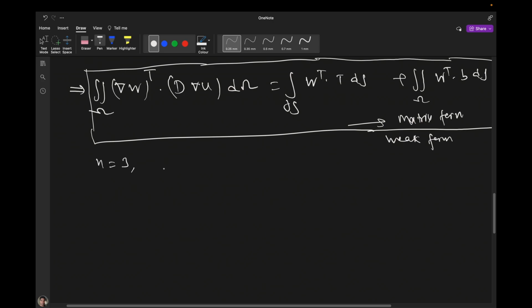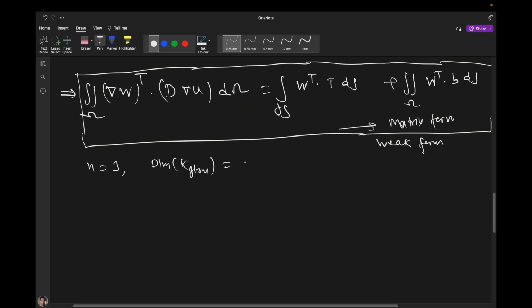So the dimension of k global will be 2 times n, that is 6 by 6, which is 2n by 2n, and the dimension of the global force vector will be 2n by 1.